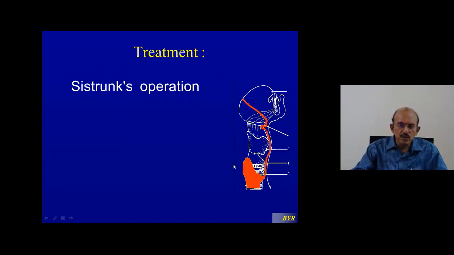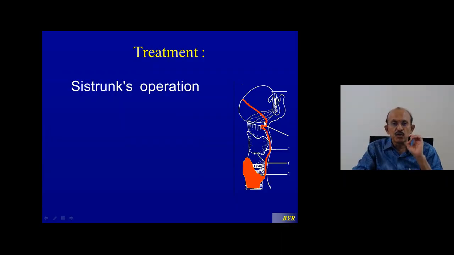But here we have seen that the tract is passing through the body of the hyoid bone. So what is the treatment? You have to remove the cyst along with the tract and along with the body of the hyoid bone, because you cannot separate the tract within the body of the hyoid bone. It gets amalgamated there. So you will not be able to remove the tract separately from the hyoid bone.